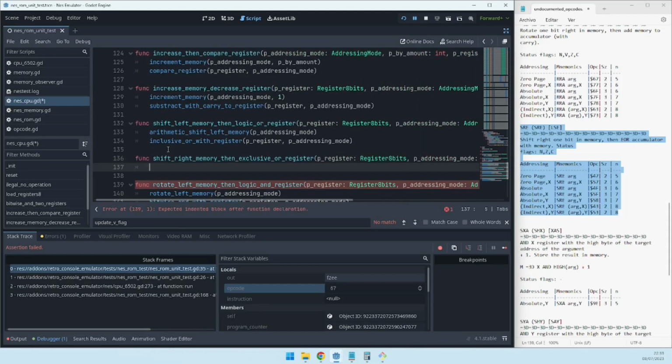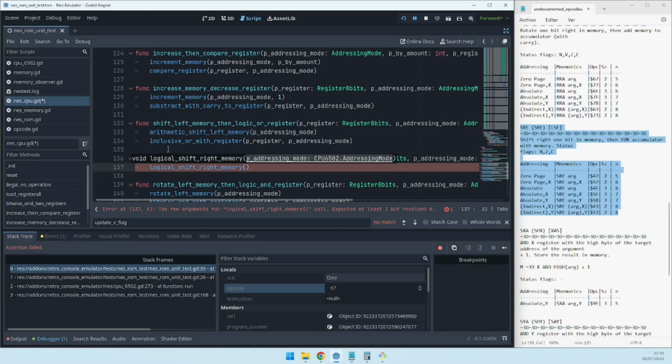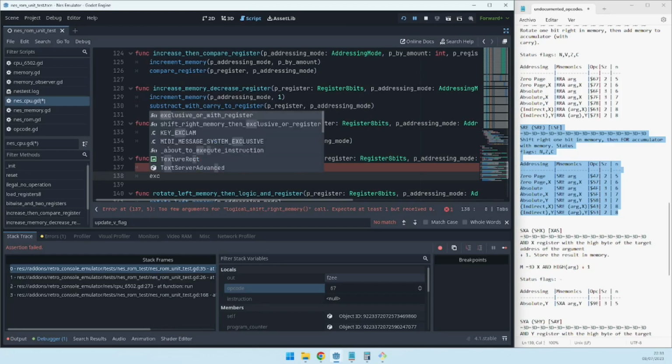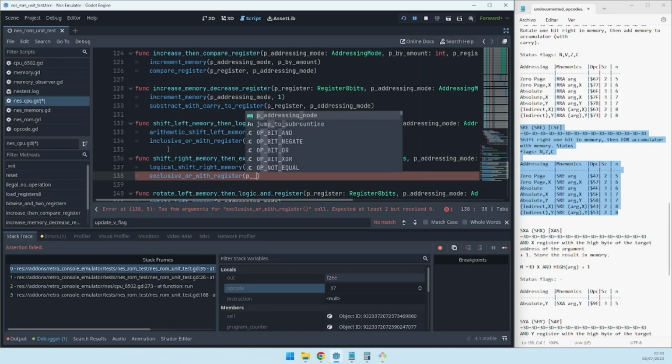And now I need to call shift right memory, logical shift right memory, with the addressing mode. And then exclusive or with register P register, P addressing mode.